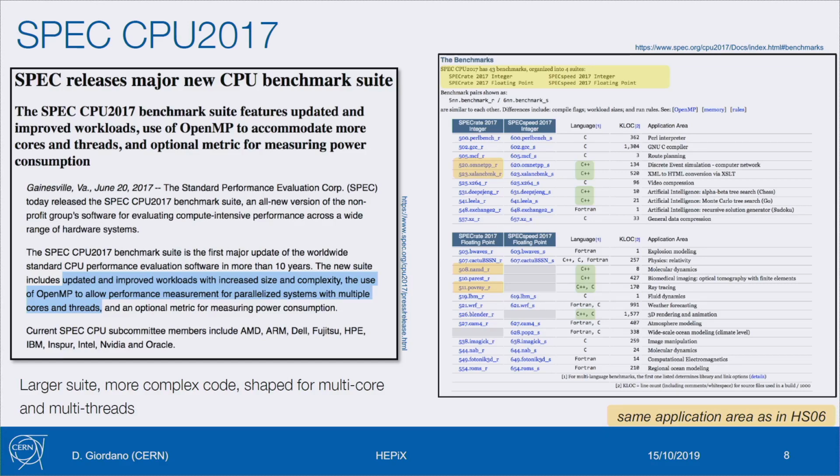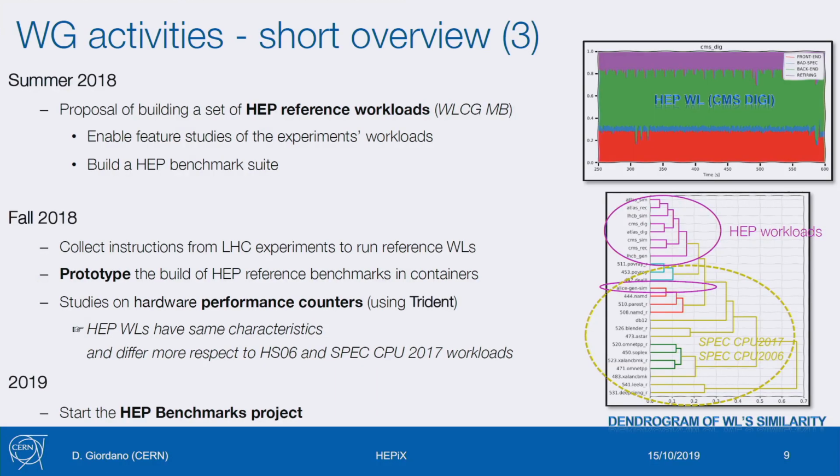But what we have to use to mimic the approach of the experiments, the workload of the experiments, is something that essentially overlaps quite well with HEPiX 6. So 4 of the workloads are similar. Plus, there are others that are different, but again, are in the same application area as HEPiX 6, and again, are not our application area. So we did more.